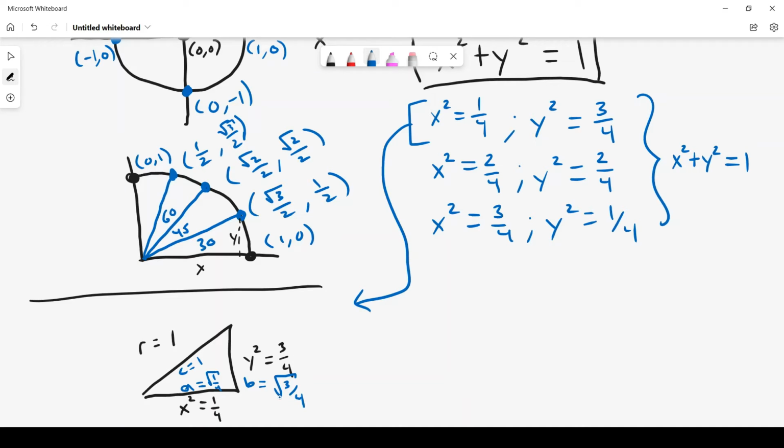So you can think about this in terms of the a's, b's, and c's, or the x's, y's, and r's, which you can say x squared plus y squared is equal to r squared, or a squared plus b squared is equal to c squared. In terms of this example, we'll use x squared plus y squared is equal to r squared, in which we know that x squared is 1/4, y squared is equal to 3/4, and r is equal to 1.